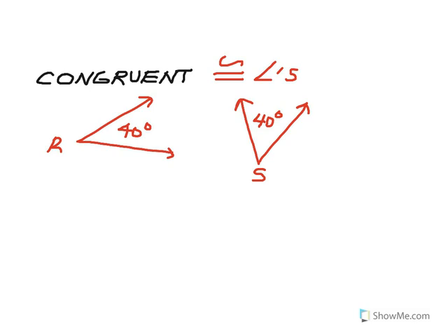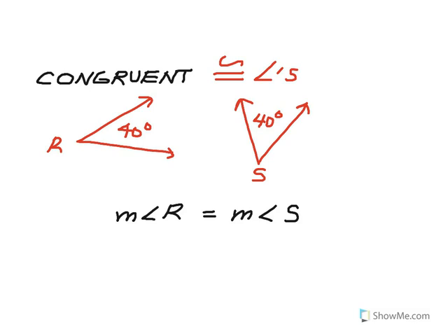Just the way that line segments can be congruent because they have equal length, when angles have equal measure, we say they're congruent. We use the congruent symbol. If I just want to talk about the measure, the number of degrees, I can use an equal sign. I can say the measure of angle R is equal to the measure of angle S, which in this case are both 40 degrees.